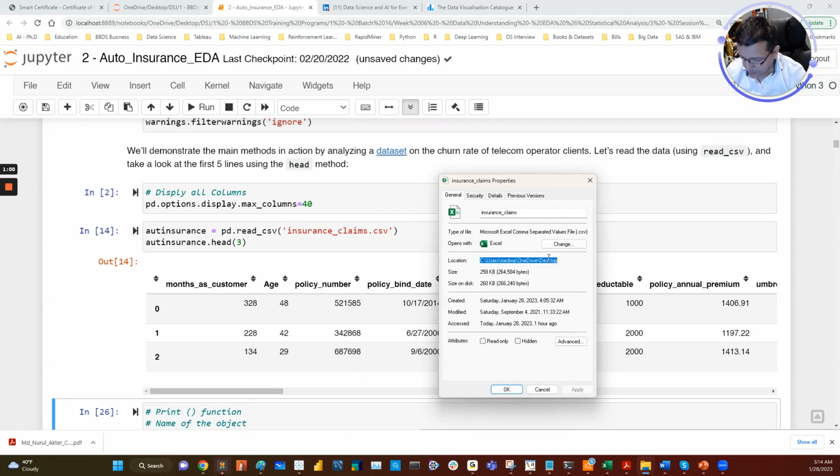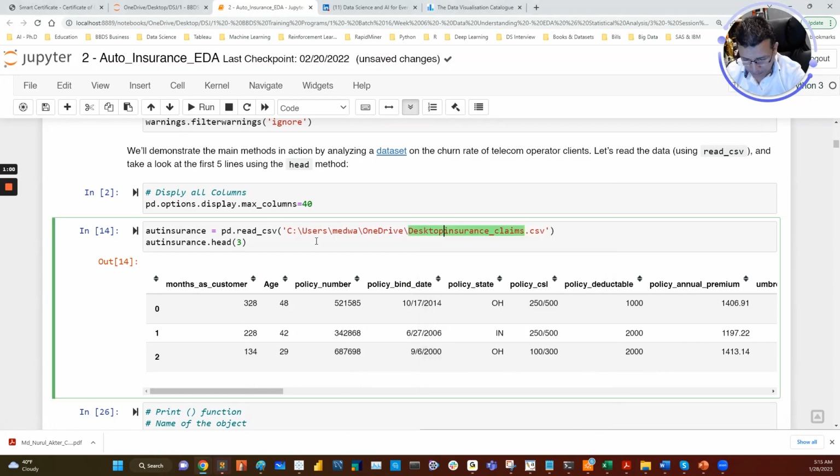Yeah, I'm going to read the same data. Okay.